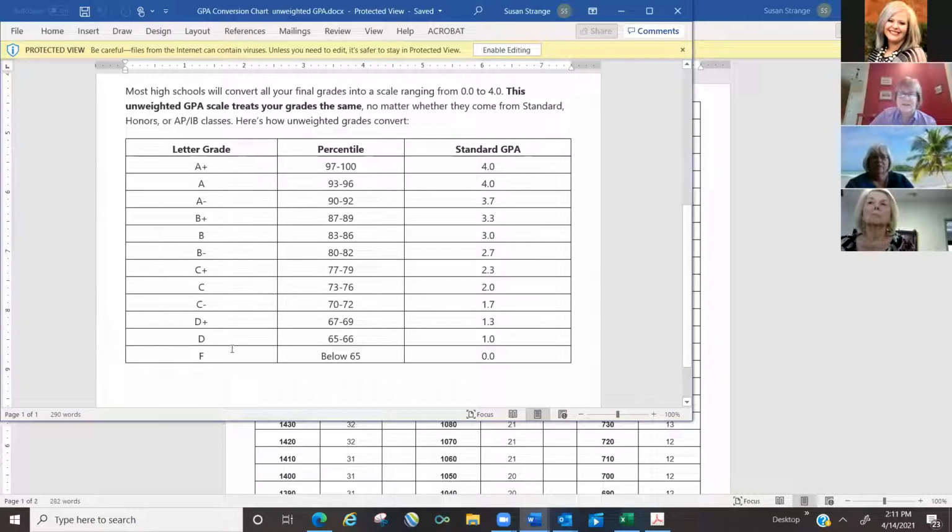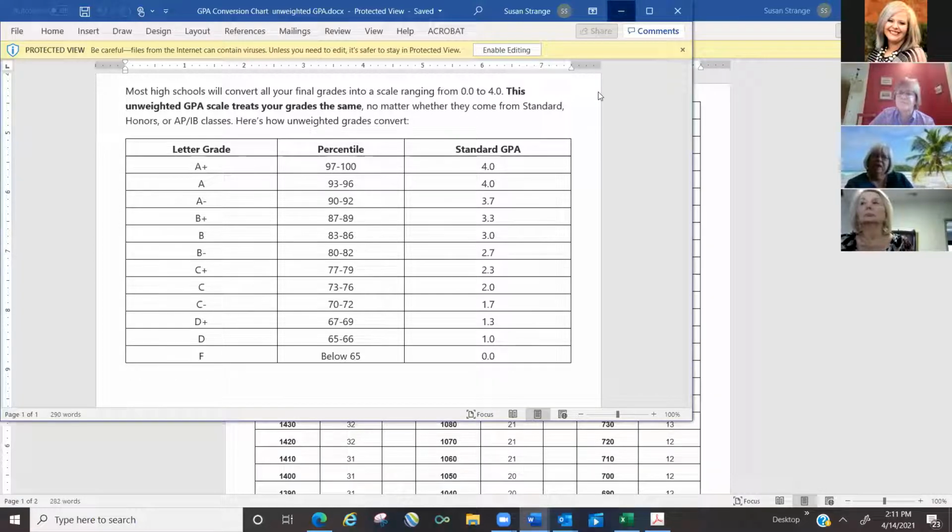You have to look at their final grades or their final percentiles, and convert them to this scale and add them up. Sometimes you will see final grades that are A minus, A, but quite often it's just A, B, C, D. But sometimes you'll see the plus and minus, and so this sheet will show you the different conversions for that.